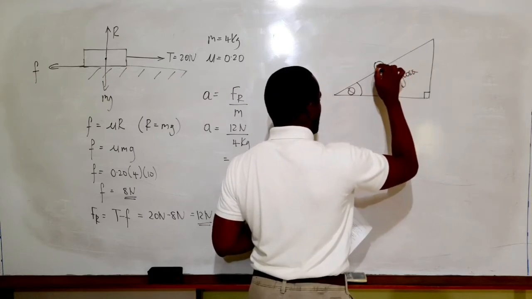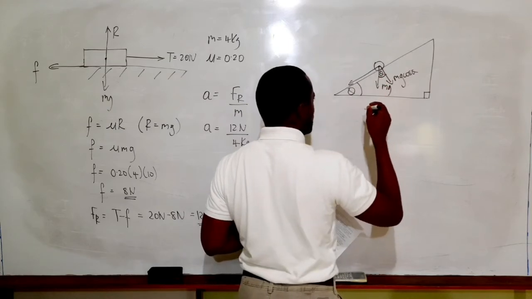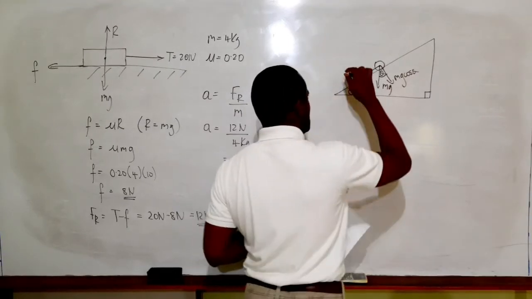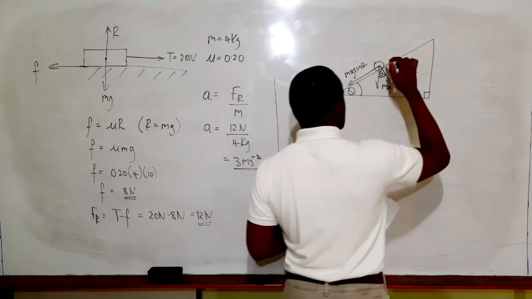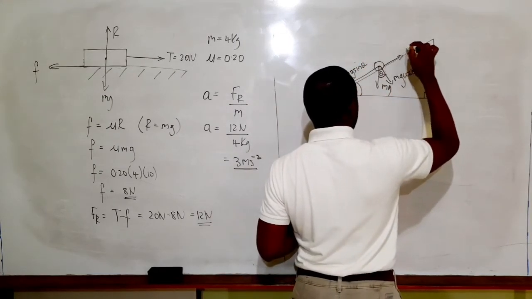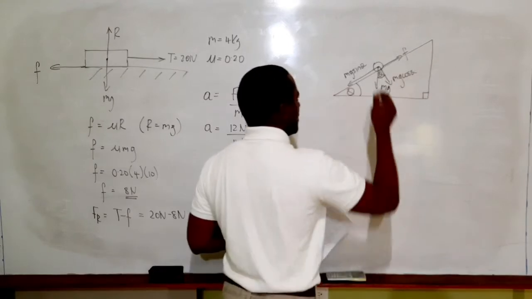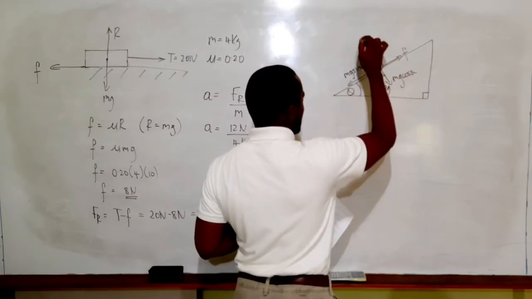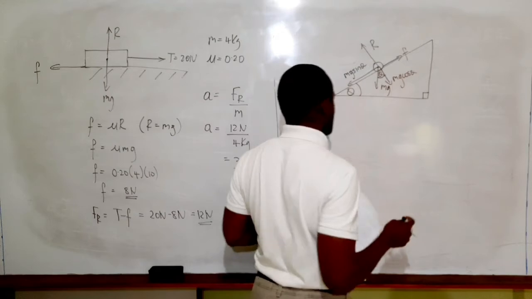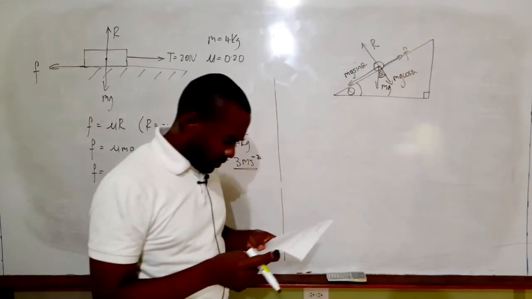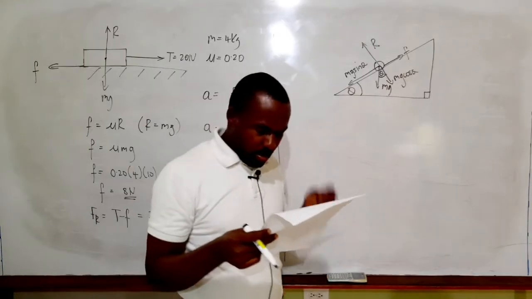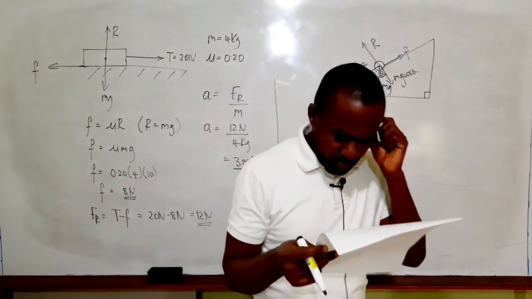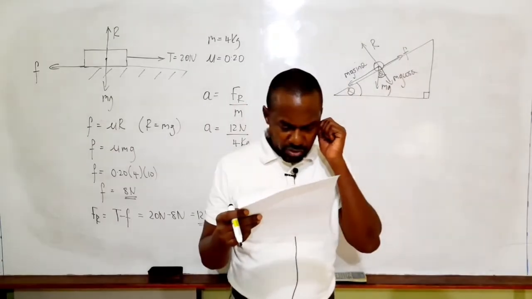It will have a component parallel and acting down the slope, and that will be mg sine theta. There will also be a frictional force, which we call F, and a reaction force R. They want us to calculate the coefficient of friction.